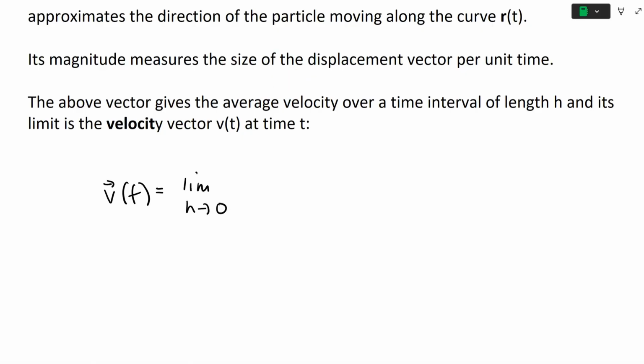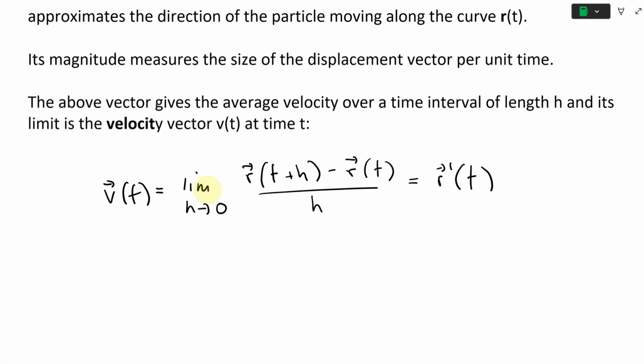So this is going to be r of t plus h minus r vector of t, divided by h, and now this just equals, well, this is just the derivative. So again, the definition of derivative for vector functions. You can see that in my earlier video and video series. So r prime of t.